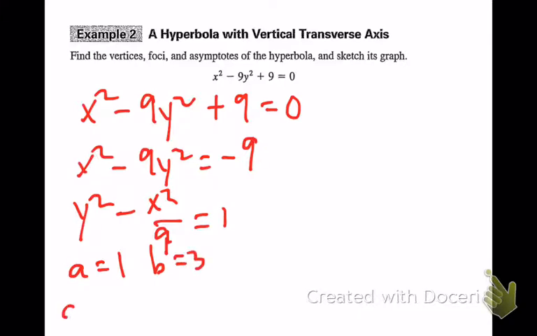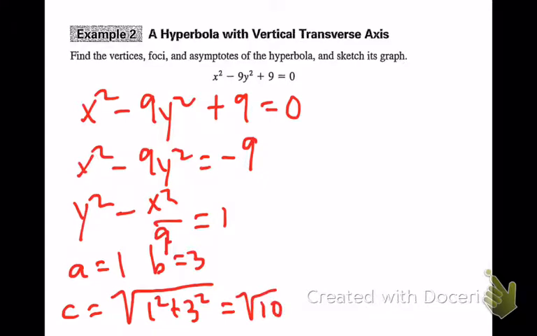And c is going to equal the square root of a squared plus b squared. So it's going to be 1 squared plus 9 squared. Oh, not 9. 1 squared plus 3 squared, which is equal to the square root of 10.